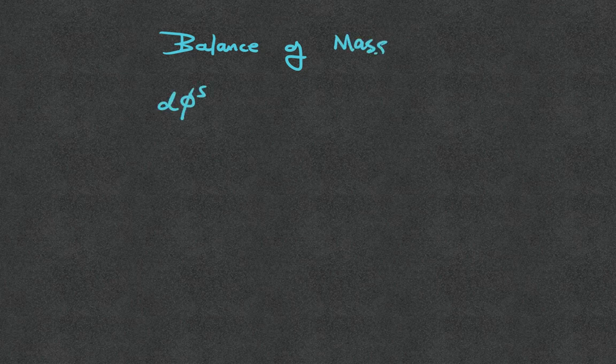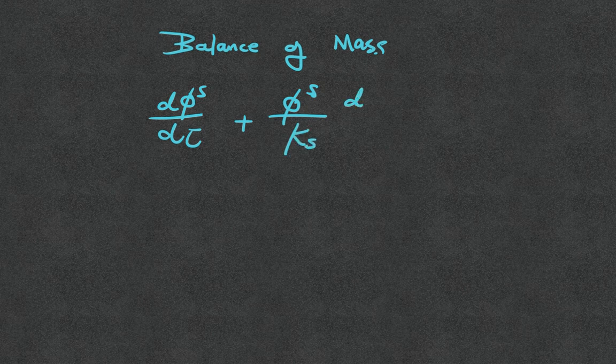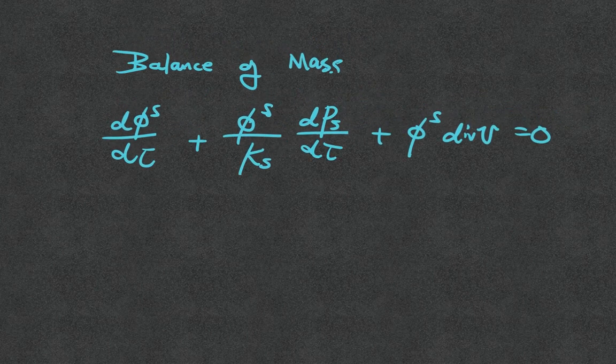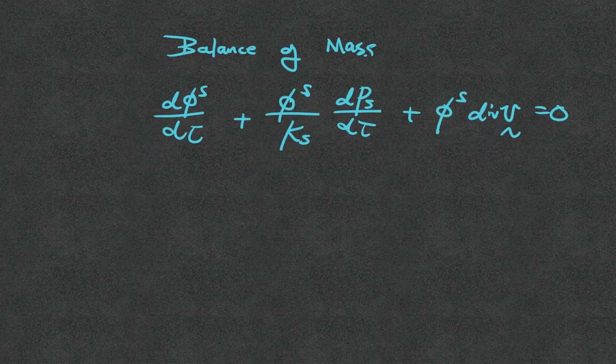In this case, I will write the balance of mass as the following. I write the solid phase as rho s, the volume fraction of the solid divided by the intrinsic bulk modulus of the solid phase, times the divergence of V, times the volume fraction of the solid.